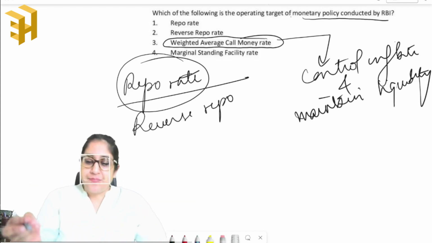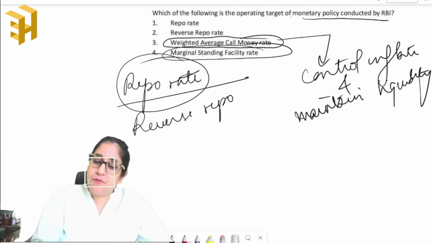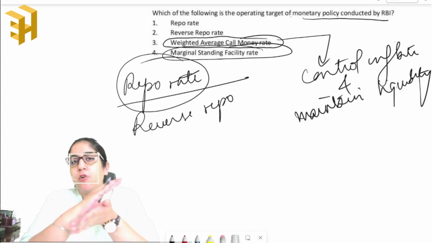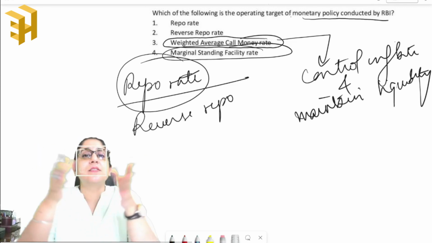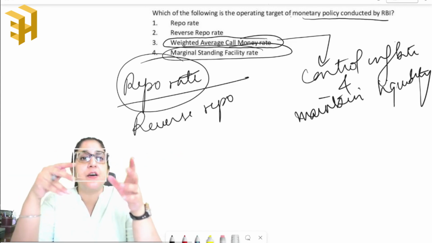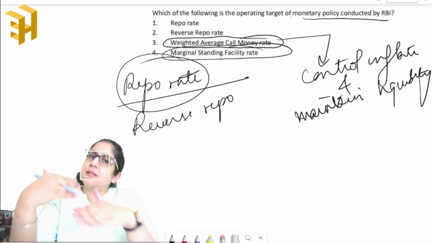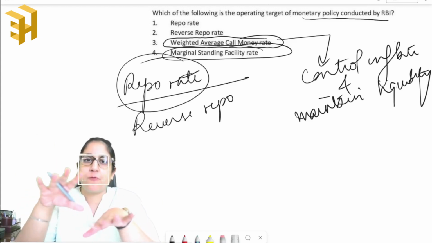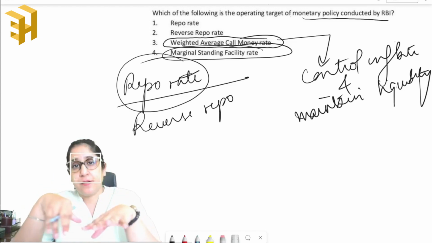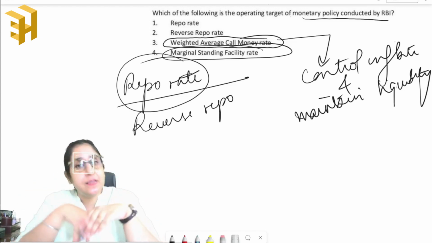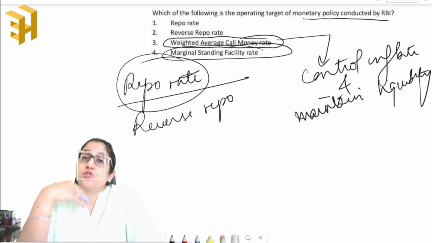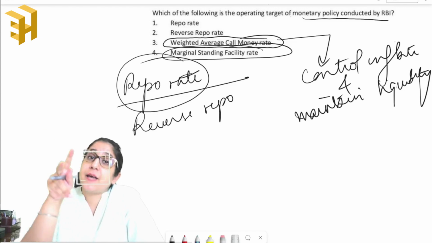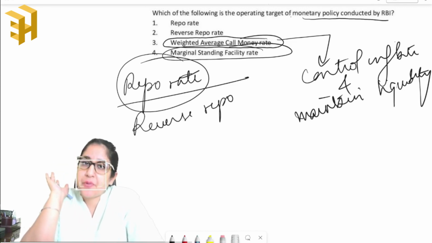Okay, then is your marginal standing facility rate. Now we have a call money market rate, right? We have a call money market basically, where banks provide funds to one another when they are unable to meet the CRR and SLR requirements. Okay, so the maturity is like 2 weeks, 14 days. But when the liquidity dries up within the banks as well, commercial banks resort to the RBI to borrow some funds when that interbank liquidity dries up, right?